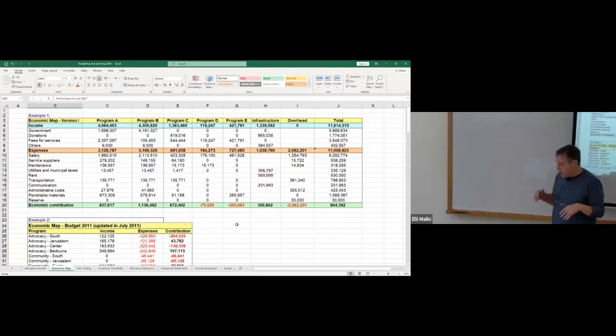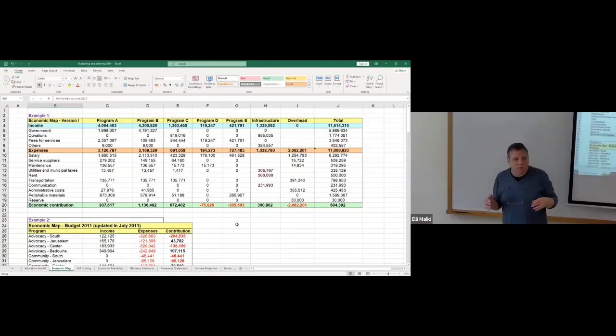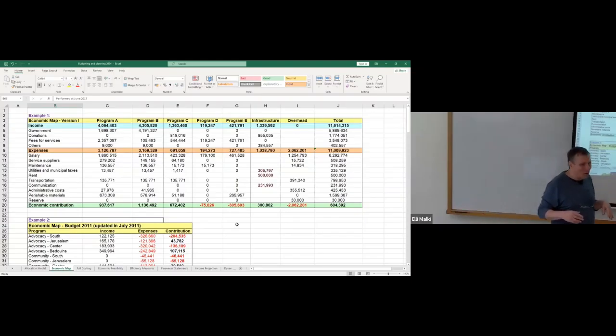The reason is that many donors look at overhead, meaning expenses for general and management and fundraising, as the part which is a necessary evil. Okay, that's the general conception of overhead, a necessary evil. And they want to minimize the overhead.